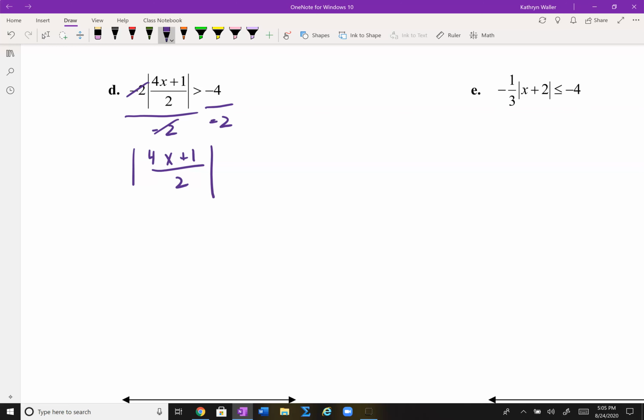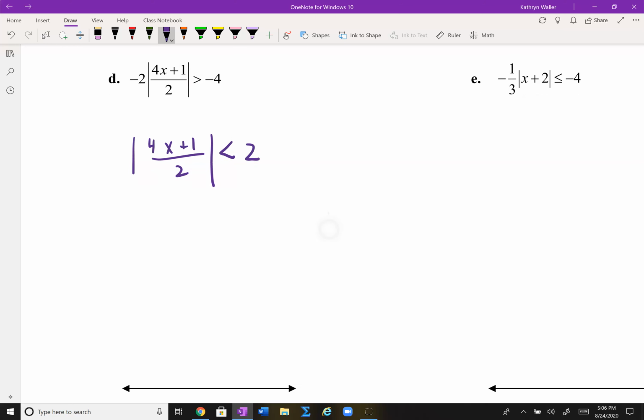If you divide by a negative or multiply by a negative, that symbol switches the other way, so it looks like that. A -4 over a -2 is a +2. I honestly wouldn't even write any of that work. I'd think, okay, divide by -2, absolute value stays the same, switch it, -4 over -2 is +2. So I would do that in my head.